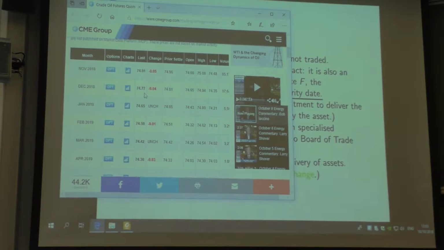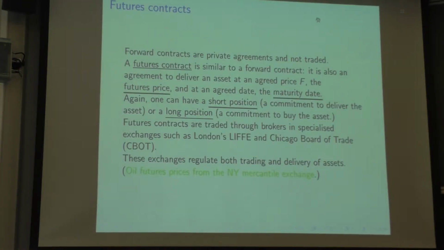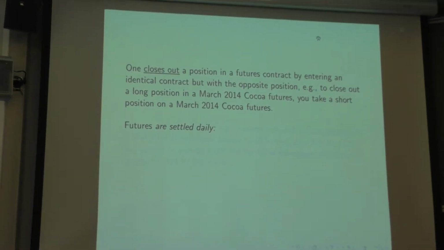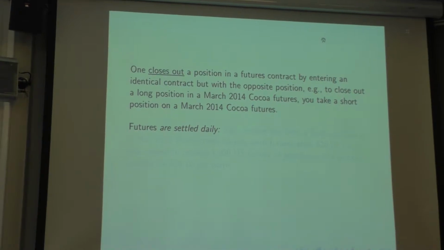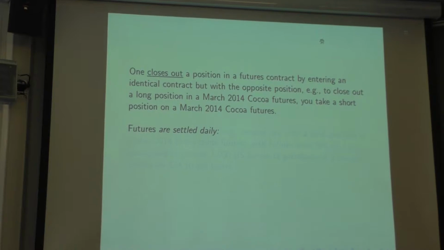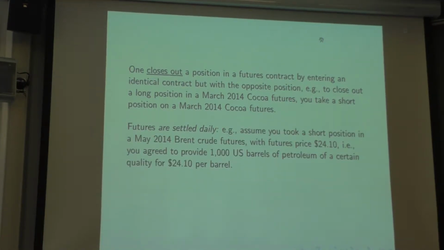But now let's have a look at how future contracts work. So now there is not me and there is not you, there is an exchange. So I enter an agreement with the exchange, and suppose that I take a short position. You can see for how long I didn't update these slides. In May 2014, Brent crude futures, which is supposed to be in the future.